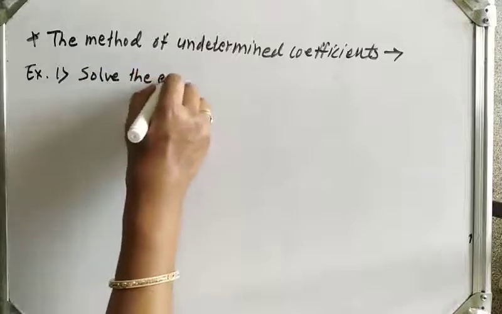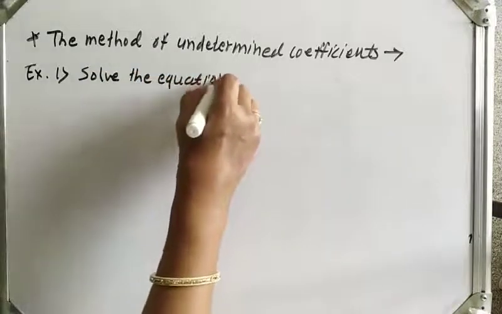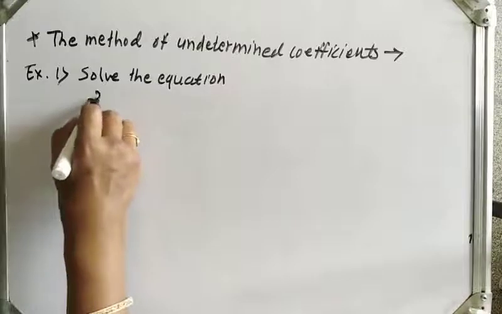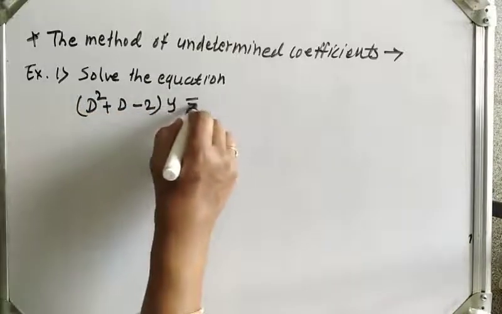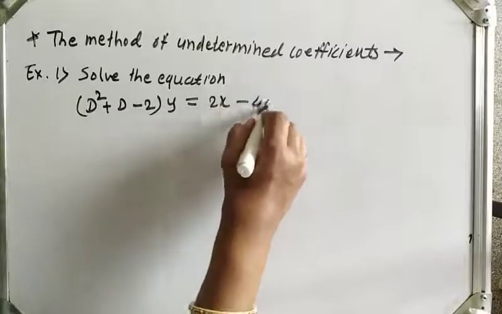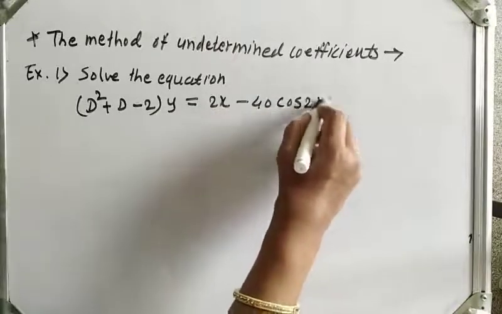solve the equation (D^2 + D - 2) y = 2x - 40 cos 2x.